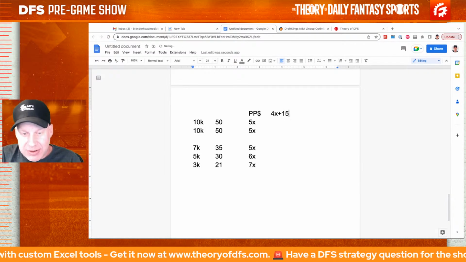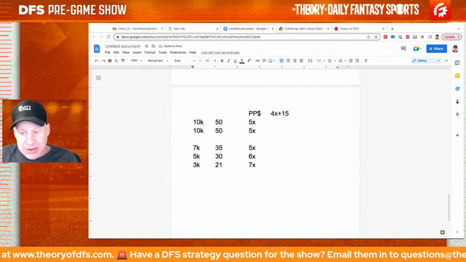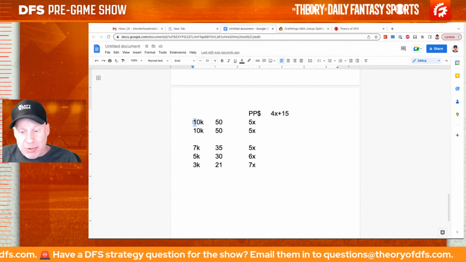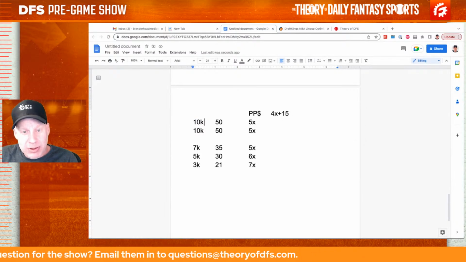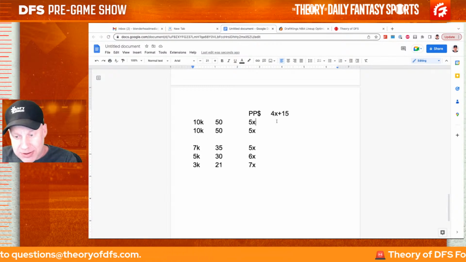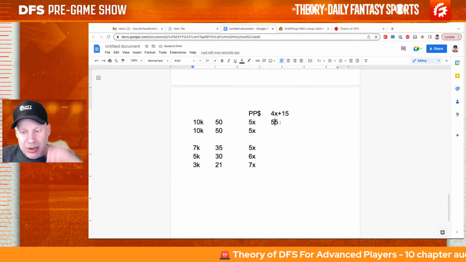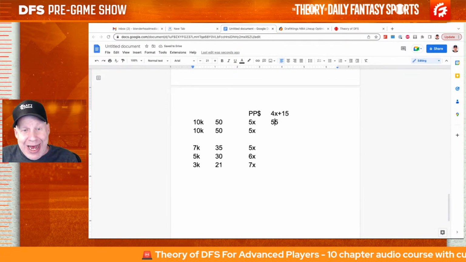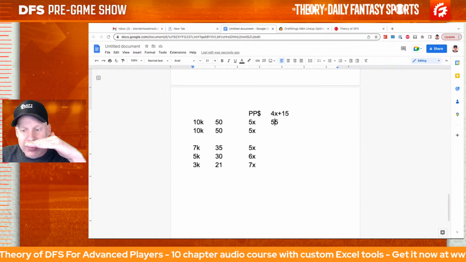Let's just say 4x plus 15. Which means, what's the salary? 10K. 10 times 4 is 40, plus 15 is 55. So we're saying that a 10K player's salary adjusted expectation to hit our baseline is 55.